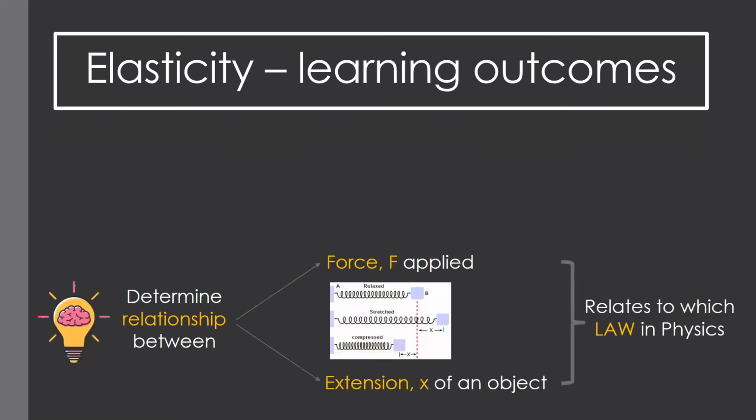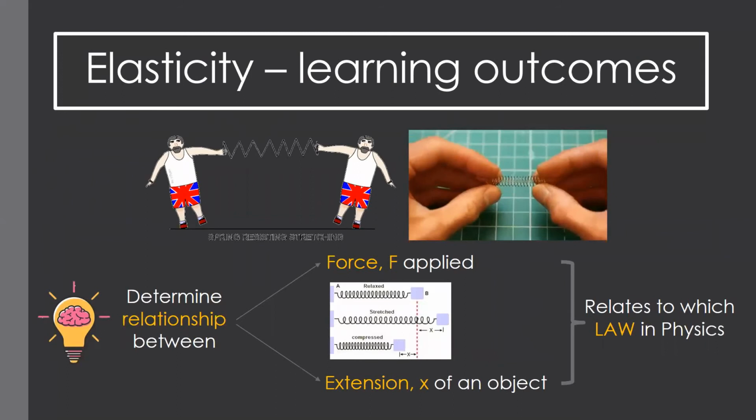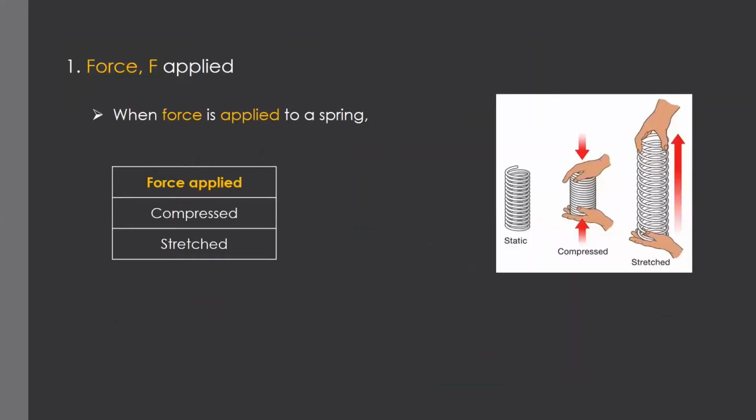Now, let's move to the second learning outcome, which is to determine the relationship and the law in physics. The object we shall focus on this time is only the spring. So, we already know the force can be push or pull. When we push a spring, the spring is compressed.